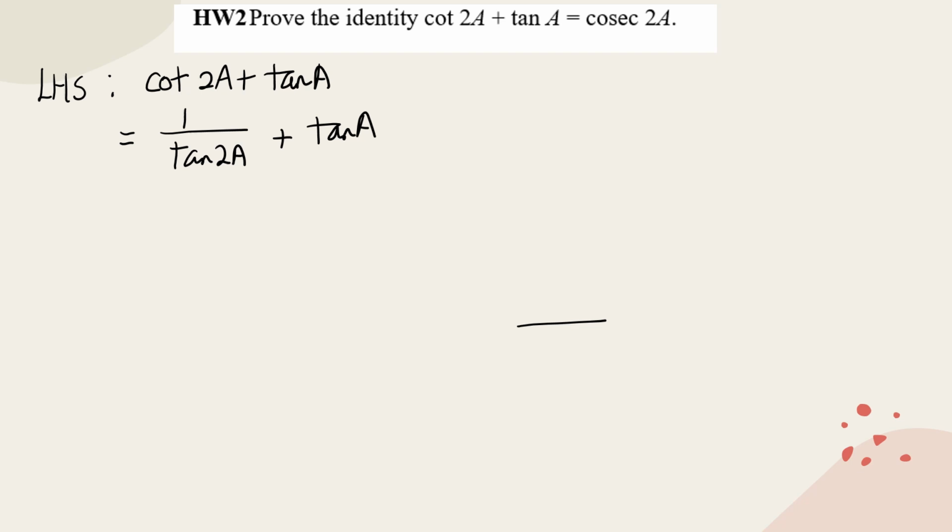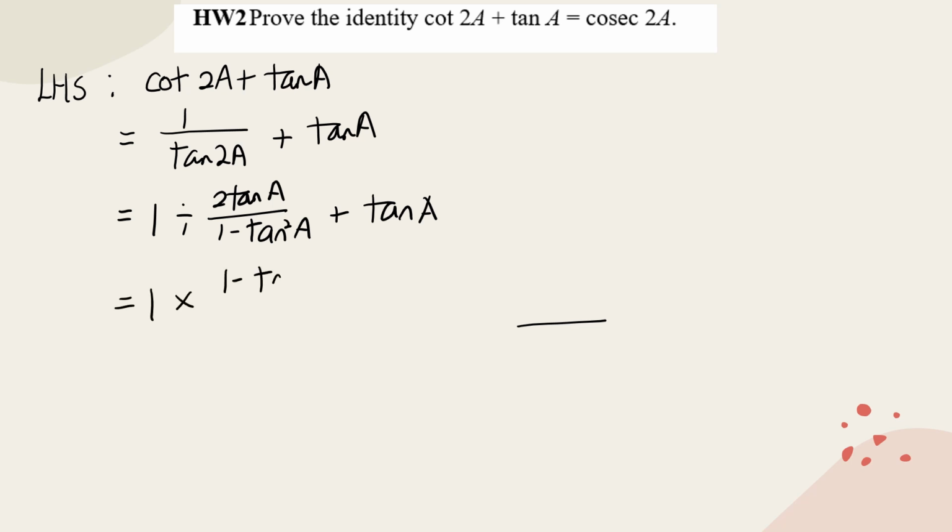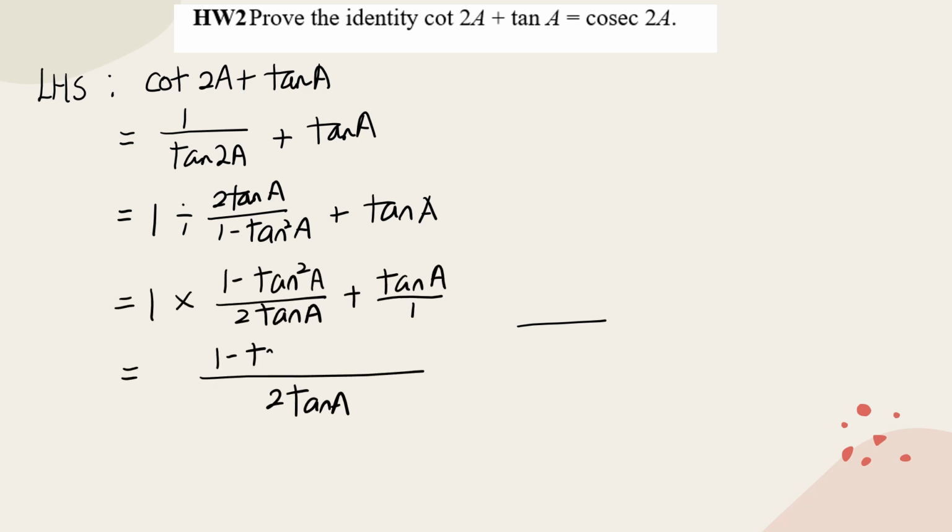So for tangent 2a, the double angle formula will be 2 tangent a over 1 minus tangent squared a. So 1 divided by that, and then you change the division to multiplication, you flip your fractions. Simplify it. In this case, you have to combine them into one single fraction. And then you can simplify it to get 1 plus tangent squared a.